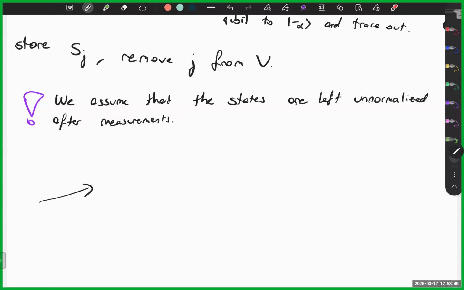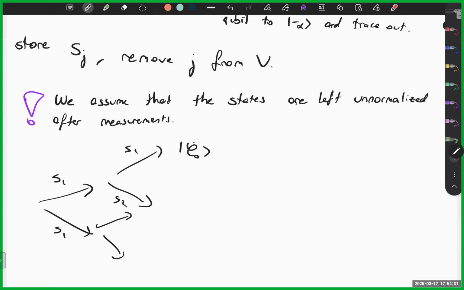For example, let's say S1 is here, and then you have S2, so measurements, branches, all those things. Then you have these states, say psi, phi 0, phi 1, phi 2, etc. So the probability that we will find phi 0 is just the norm of it.